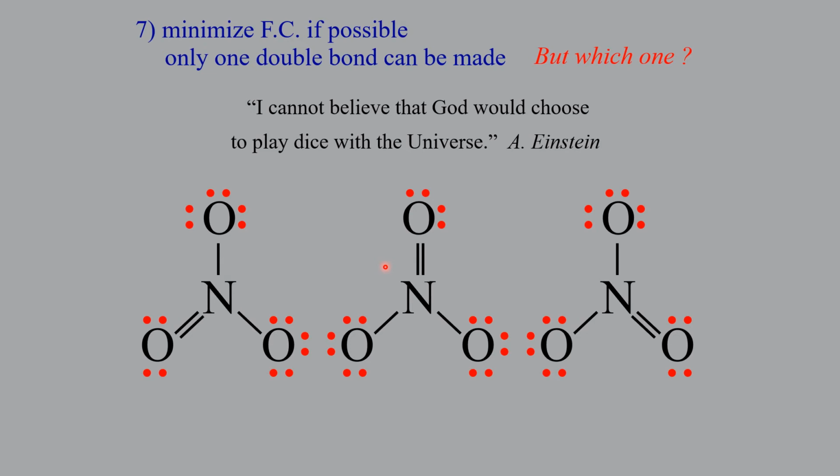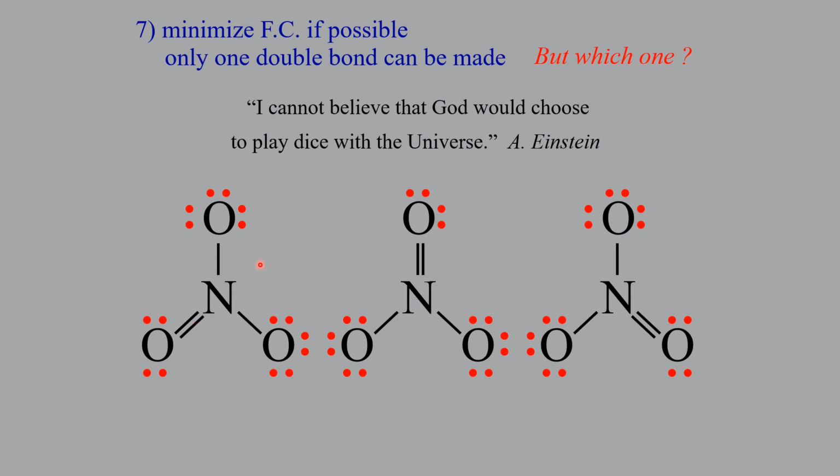So Einstein didn't like a probabilistic universe. But the idea is that we also know that there's a correlation between a bond being a double bond or a single bond or a triple bond and its length. Single bonds are the longest. Triple bonds are the shortest and double bonds are in the middle.